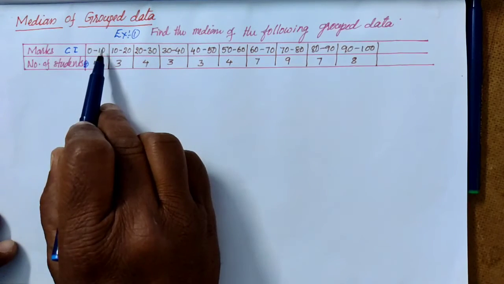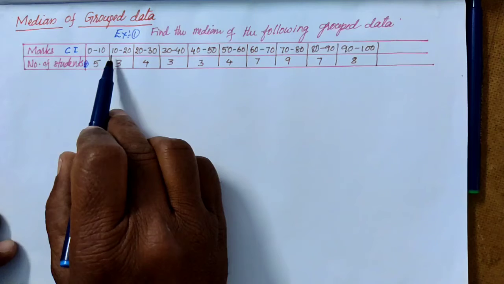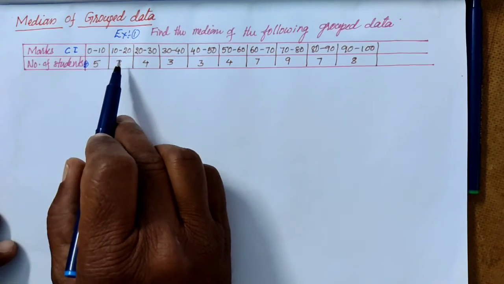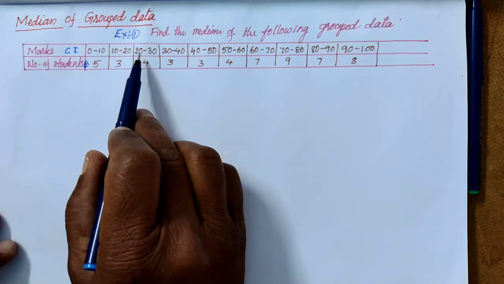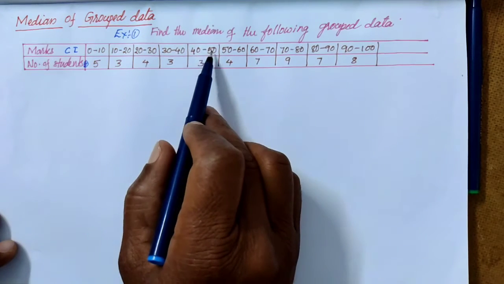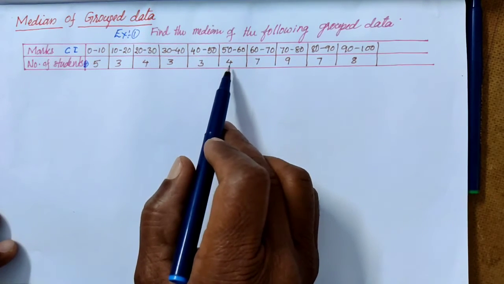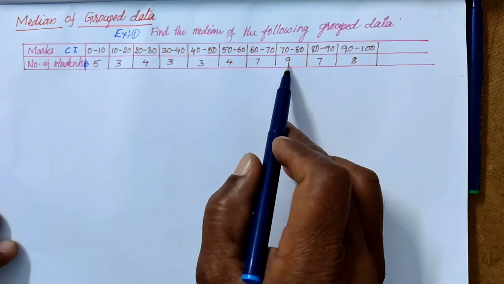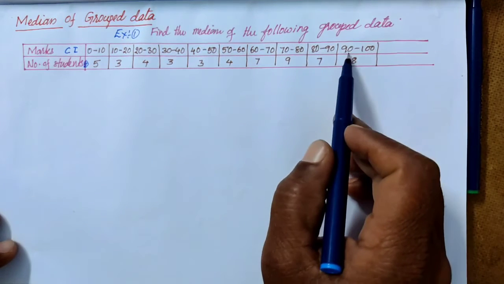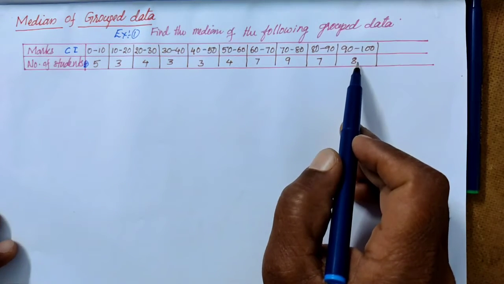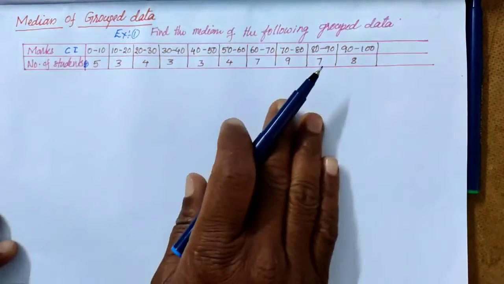So in 0 to 10, 5 students; marks 10 to 20, 3 students; 20 to 30, 4 students; and in 90 to 100, 8 students. So this is the classified data.